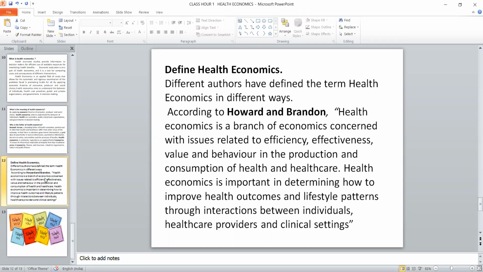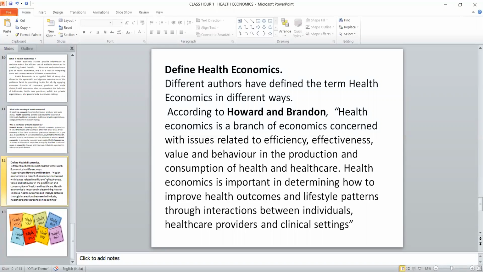Health economics is a branch of economics concerned with issues related to efficiency, effectiveness, and value, and behavior in the production and consumption of health and healthcare. Health economics gains its importance in determining how to improve the health outcome and lifestyle pattern through interaction between individuals, healthcare providers, and clinical setting.